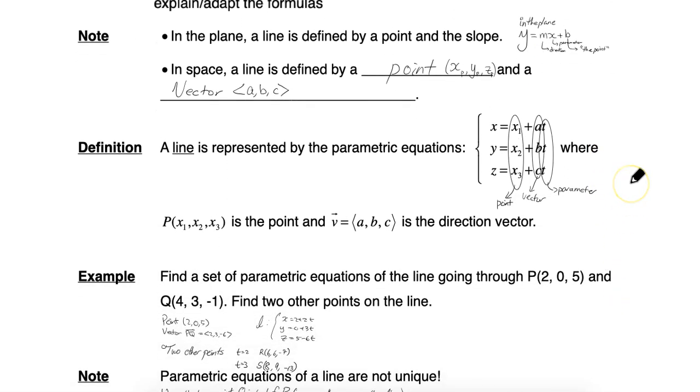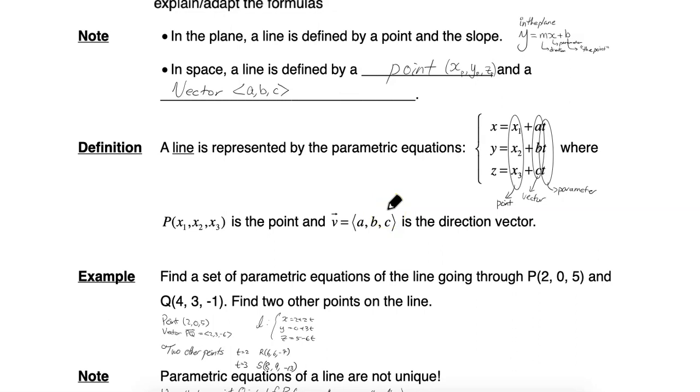We define them with parametric equations. x equals x1 plus at, y equals x2 plus bt, z equals x3 plus ct, where x1, x2, x3 are the coordinates of a point. And then vector v is (a, b, c), it's a direction vector, so it goes in the direction of the line.